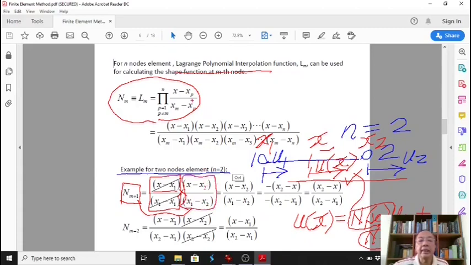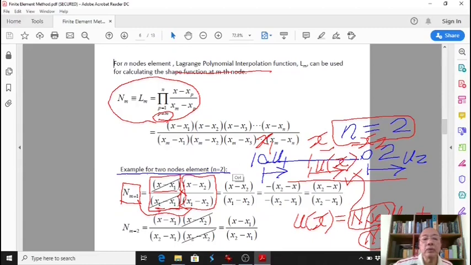p will end at n, where n here is 2. So when p equals n, or p equals 2, this will stop. But we have a condition: p must not equal m. Here this is m and this is p.